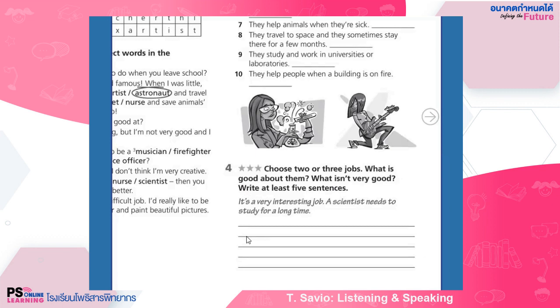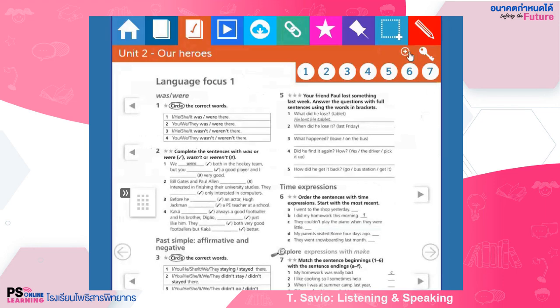Example, it's a very interesting job. A scientist needs to study for a long time. And you continue writing if you're writing about a scientist. So this is just an example of how to begin. Okay, let's go on.